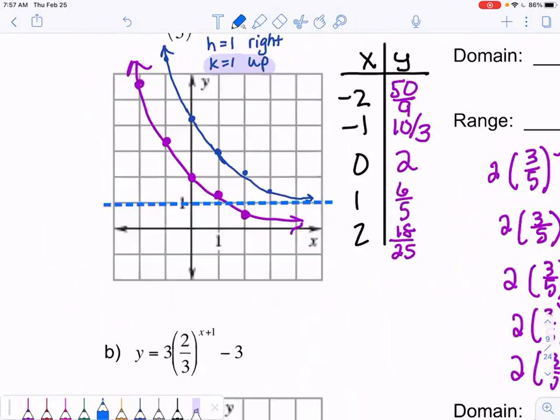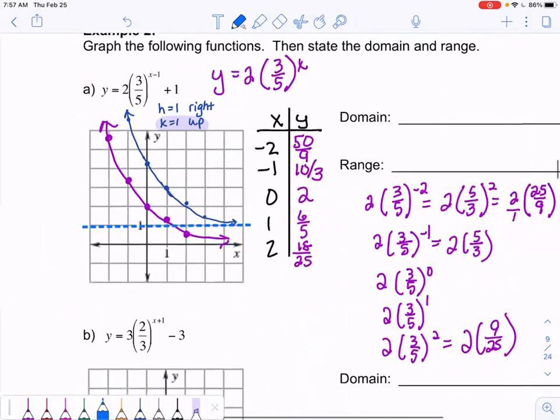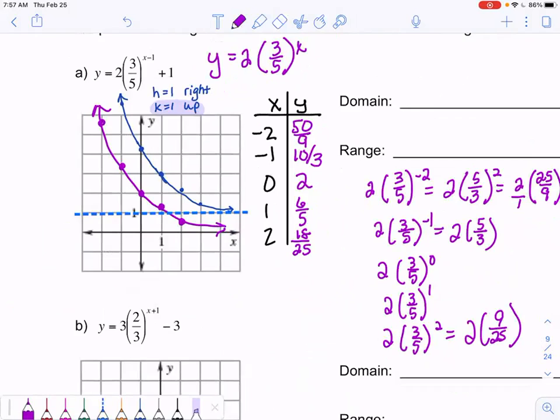Let's see if we can do the domain and the range, and then we'll try that other graphing problem down below. Domain is always negative infinity to positive infinity, every single time. Alyssa, where does the range start at? So what's that horizontal line?